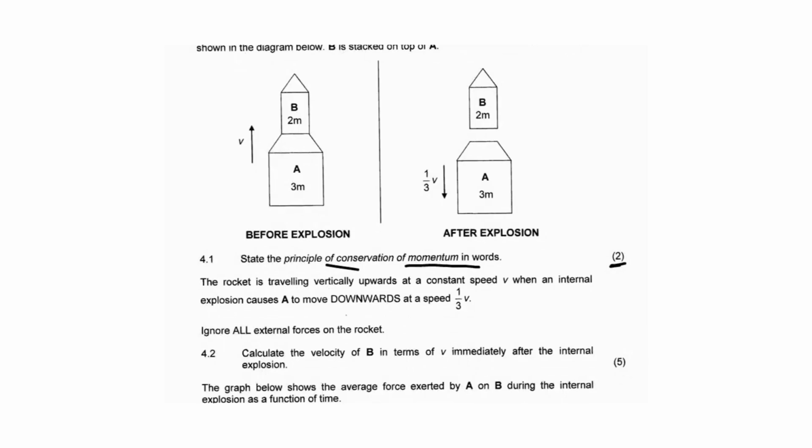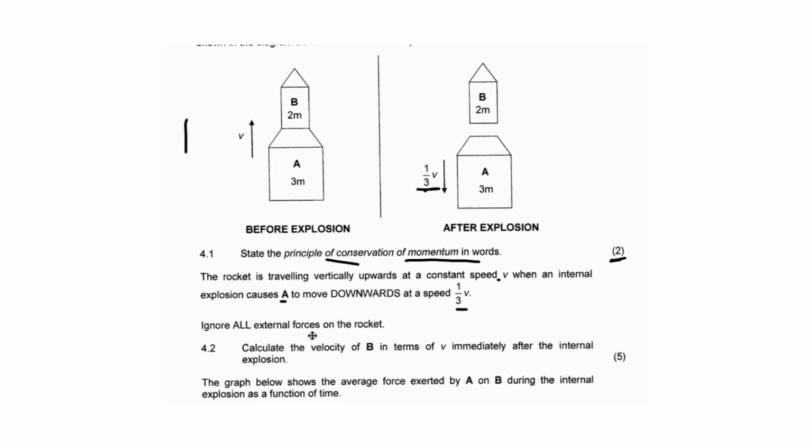So they say the rocket is traveling vertically upward, as we can see on this diagram, at a constant speed of V when an internal explosion causes A to move downwards at a speed of 1/3 V. So yeah, after the explosion, we can see A moving downward at that velocity and B continuing to move up.